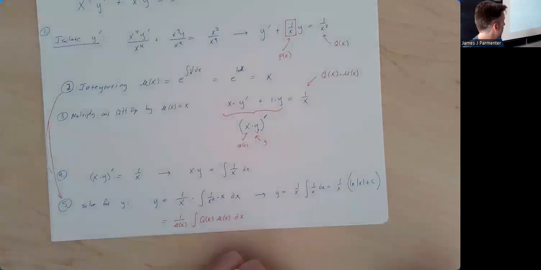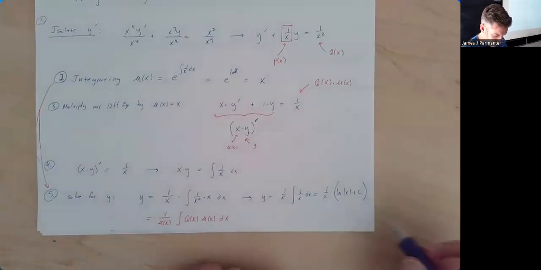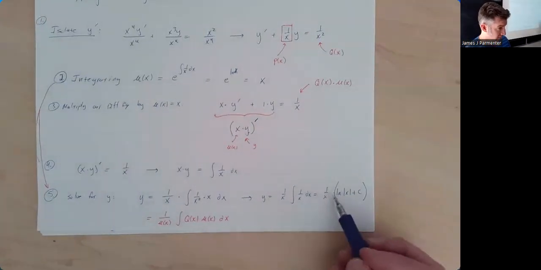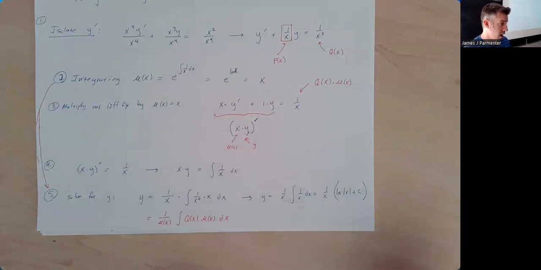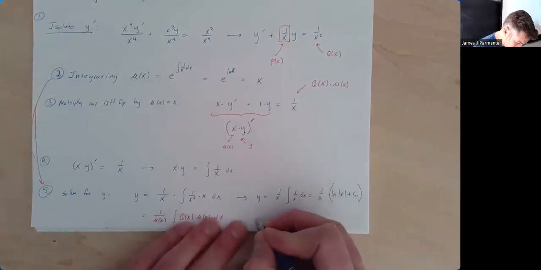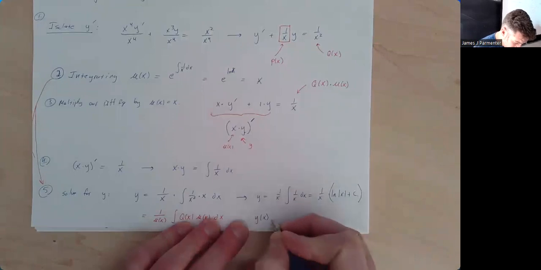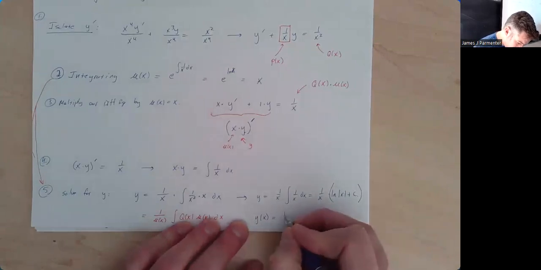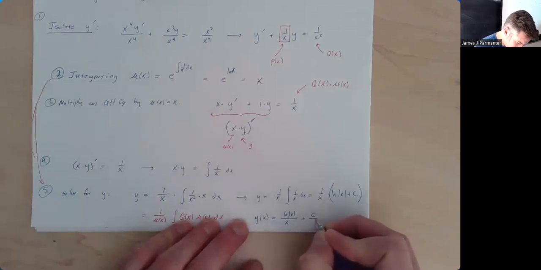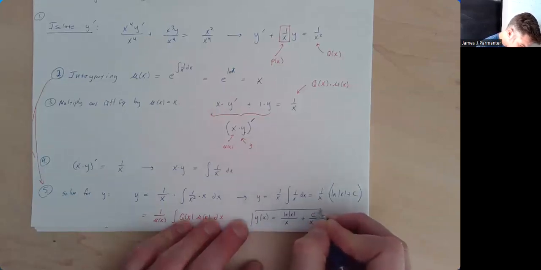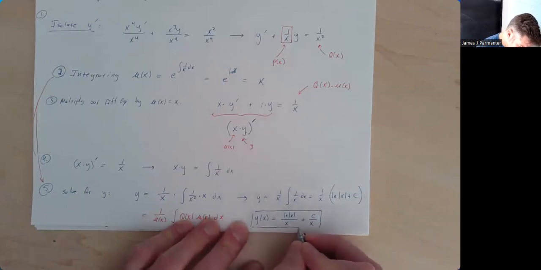It is really, really important to make sure that 1 over your integrating factor multiplies by the entire thing, including the constant. I usually like to multiply it through because sometimes some stuff cancels. Here it wouldn't really, but I would still probably write y of x equal to the natural log of the absolute value of x over x plus c over x. That's probably how I would choose to write my answer.